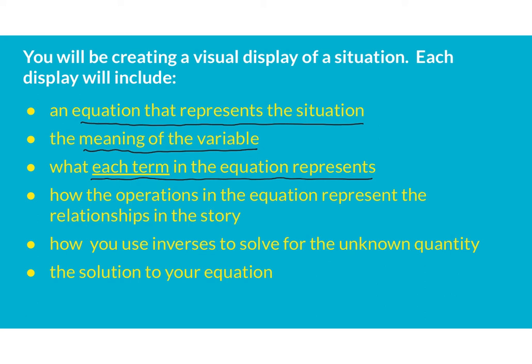Or I should say, are you adding negatives? Are you multiplying integers? Are you multiplying fractions? And then you're also thinking about how the operations in the equation represent the relationships in the story, meaning what is going on between these numbers. You'll be talking about how you use your inverses, your additive inverse, your multiplicative inverse to solve for your unknown quantity, and you will also be solving your equation.